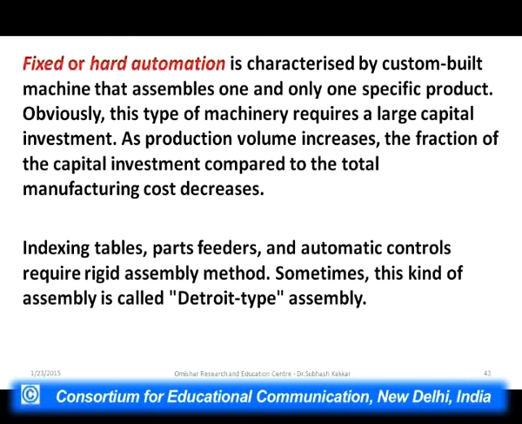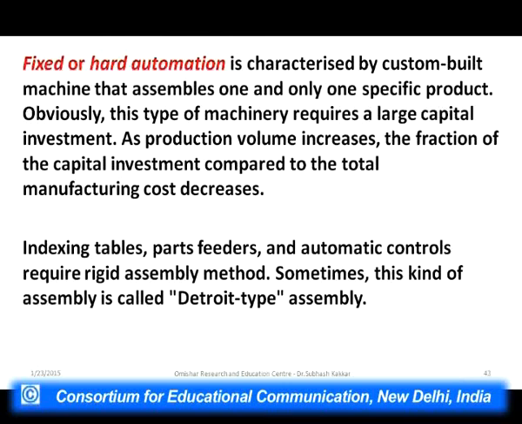Usually what happens, one machine is designed for one sort of operation only, and such a machine is very costly, a lot of investment is required. If the production volume is very high, this high production volume justifies the high investment in procurement of the machine which is used for assembling, because the cost of the machine gets divided among the total production volume.